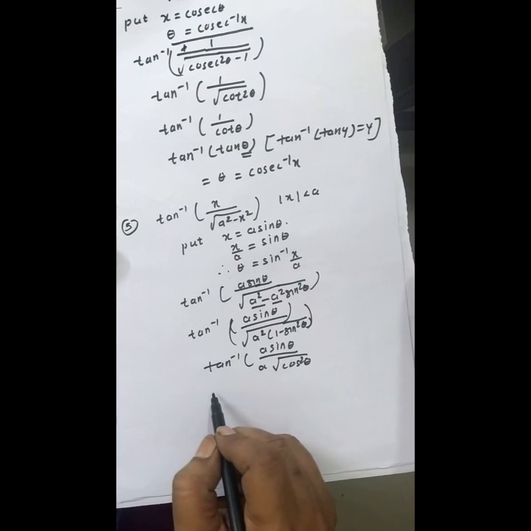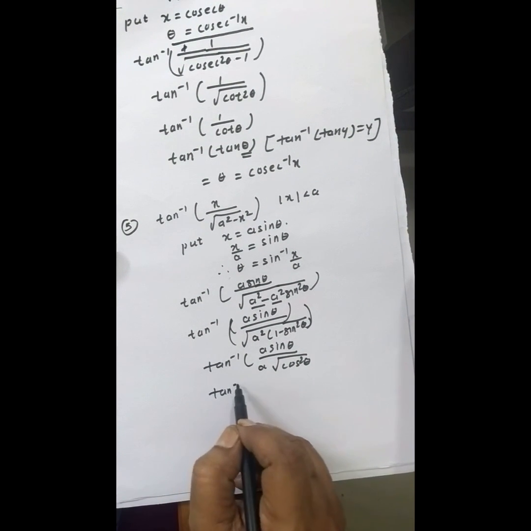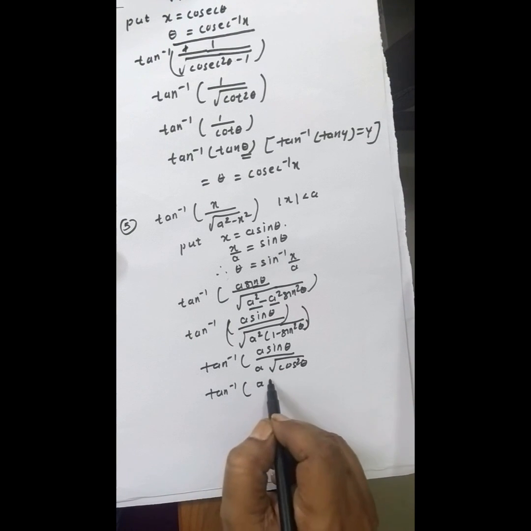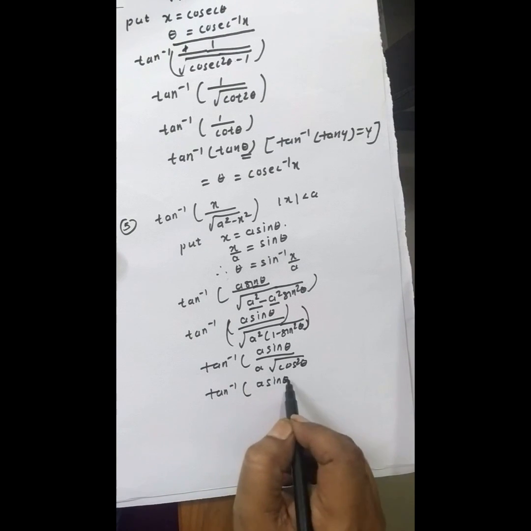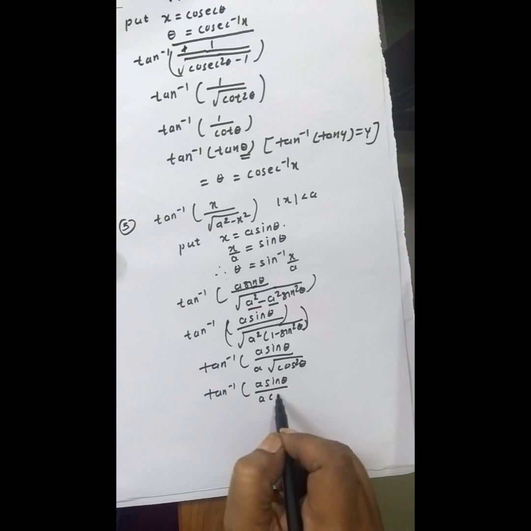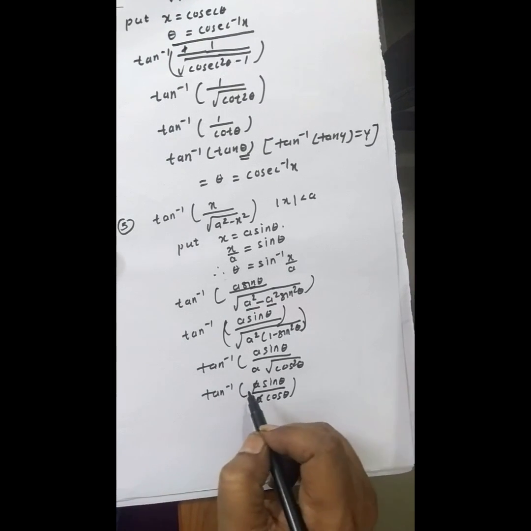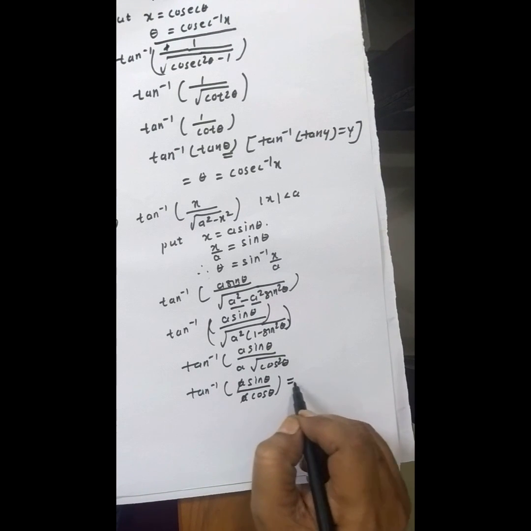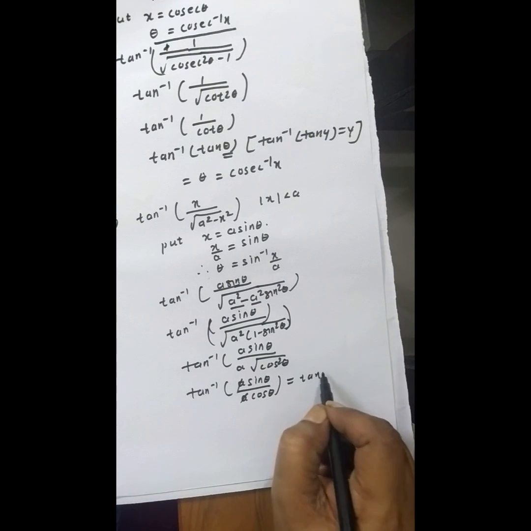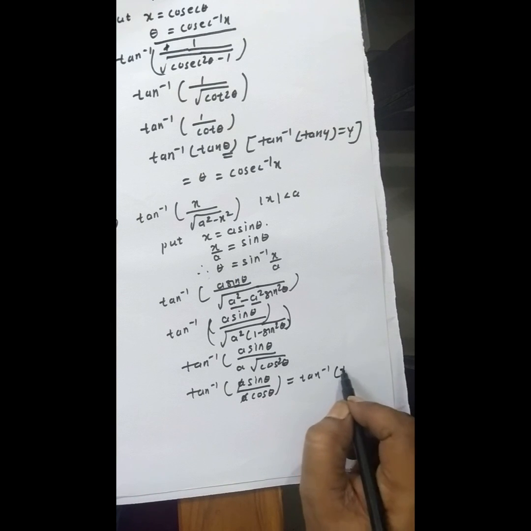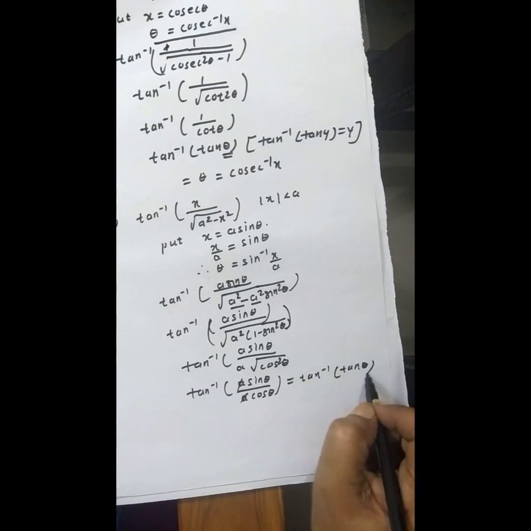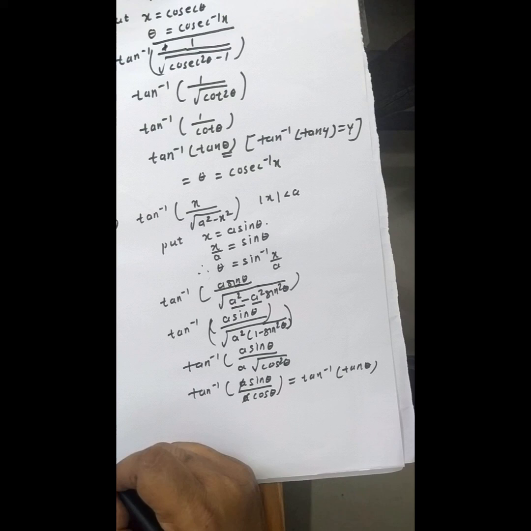So this will be tan inverse of a sin theta divided by a cos theta. This a will get cancelled. So this will be tan inverse of sin theta by cos theta, which is tan theta. It will be tan inverse of tan theta.